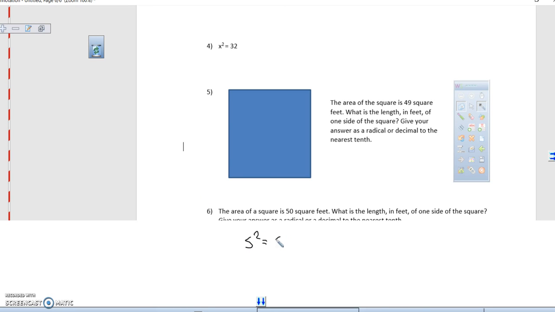Side squared is 50, because side times side is the area of 50. Square root that, square root that. So in radical form, each side is the square root of 50 feet. Or we would estimate that each side of this square is about 7.1 feet.